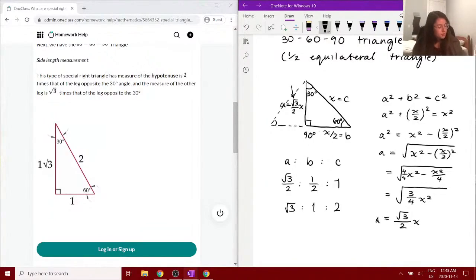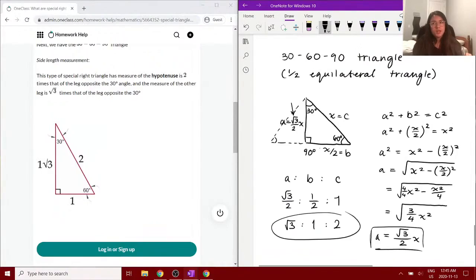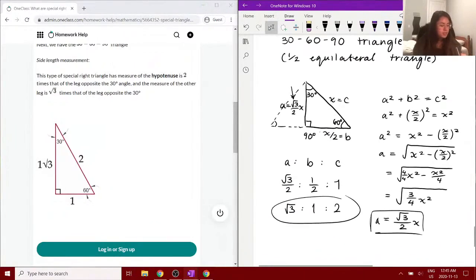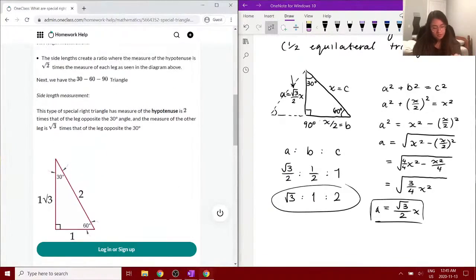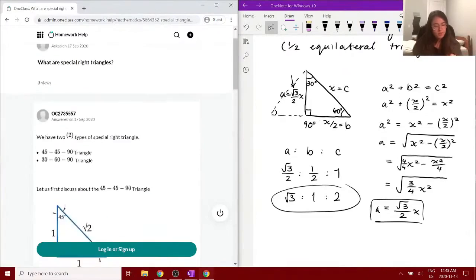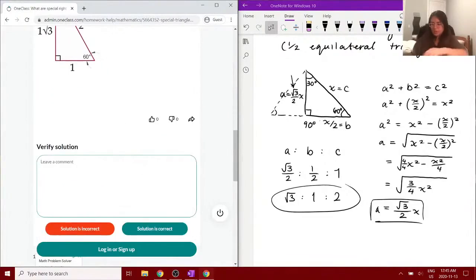And that will give you the ratio for A. So all in all, this is the ratio for the 30, 60, 90 triangle, and that is our second special triangle that we'll talk about today. Or, well, all of them, because the question was asking what are the special right triangles. So that's everything for that question, and the solution is correct.